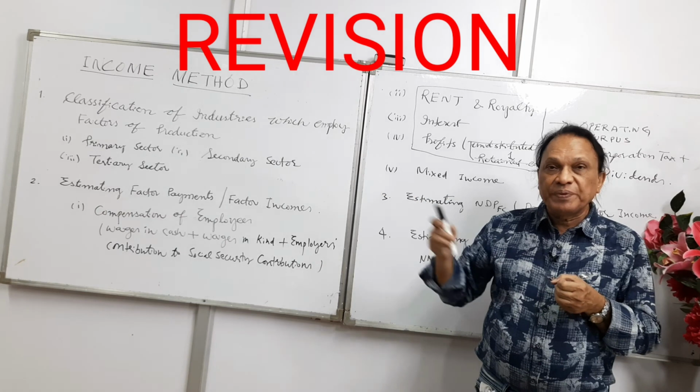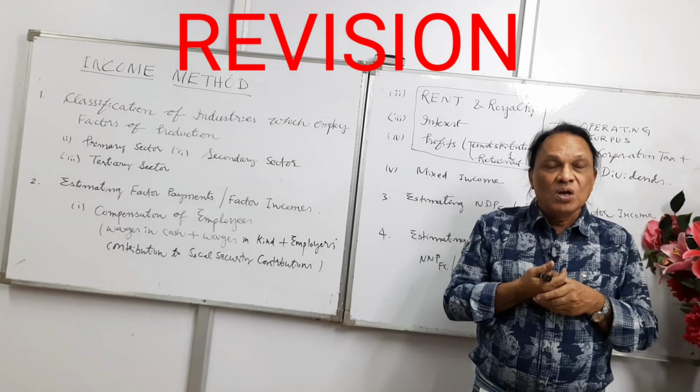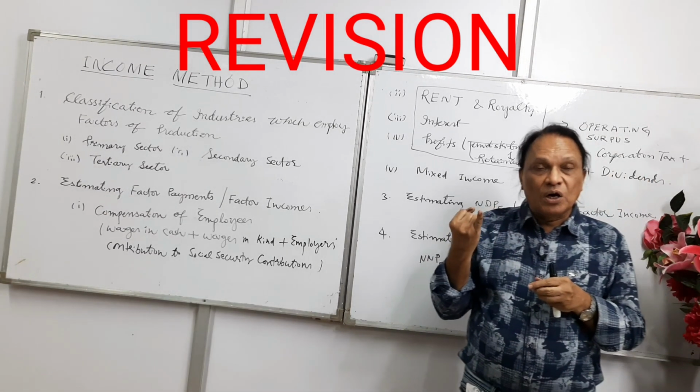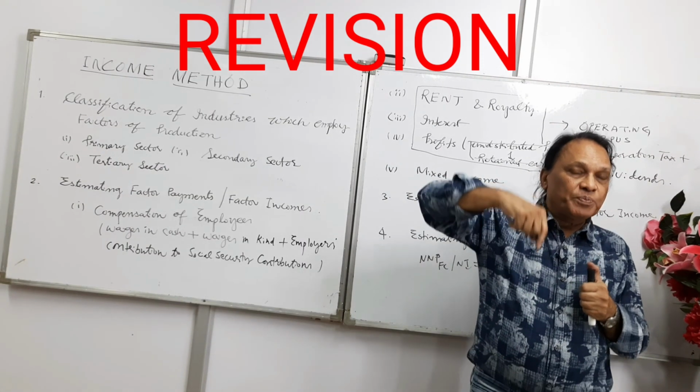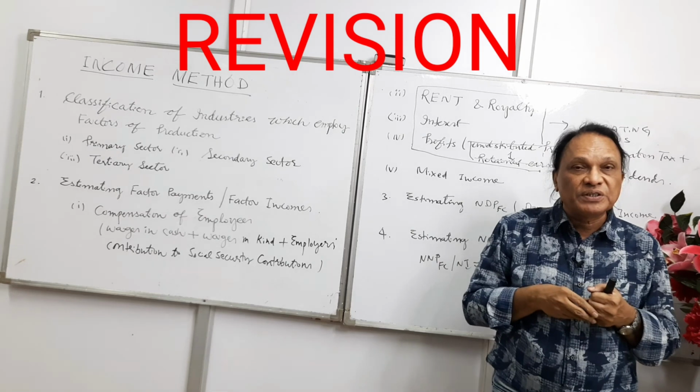The second step is the classification of factor payments or factor incomes. All the factor payments are classified into: one, compensation of employees, which has three components: wages in cash plus wages in kind plus employers' contribution to social security schemes.